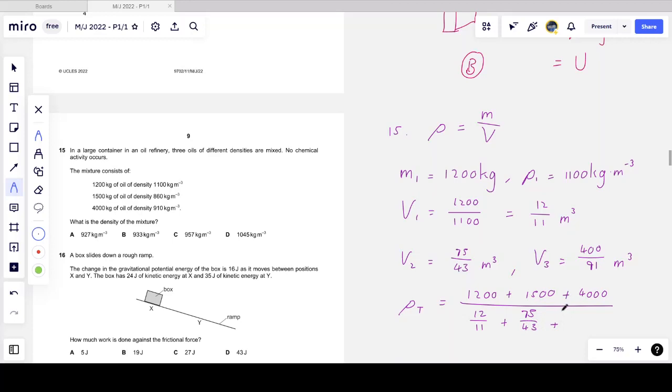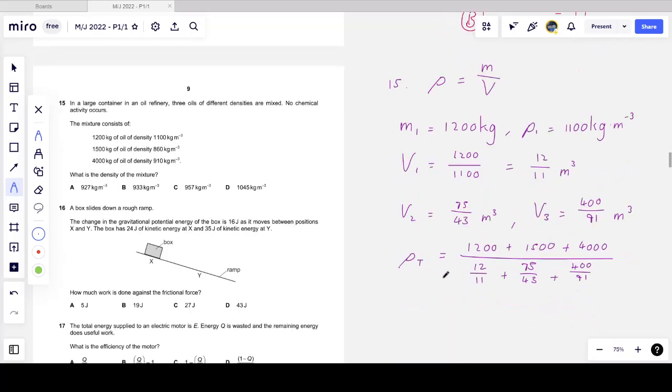It is messy, but it's required, plus 400 over 91. And guess what? This gives you a total density of 927 kg per cubic meter.